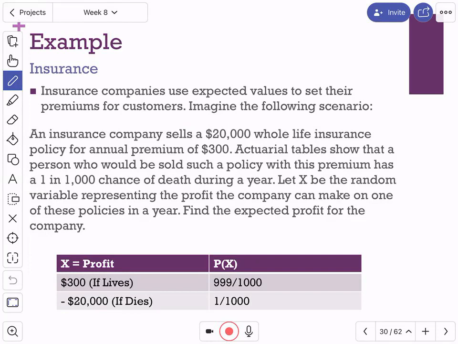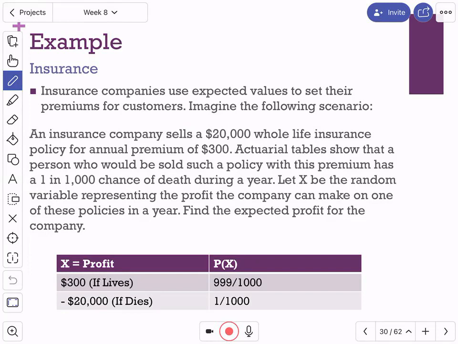In order to get a policy, you have to pay a $300 premium. So the profit that the company is going to make is $300. And then the money they're going to lose is if somebody dies, they're going to have to pay $20,000 to that person's family.